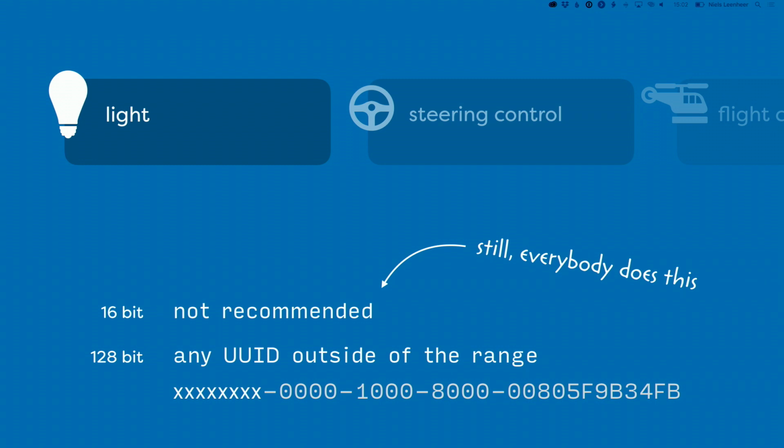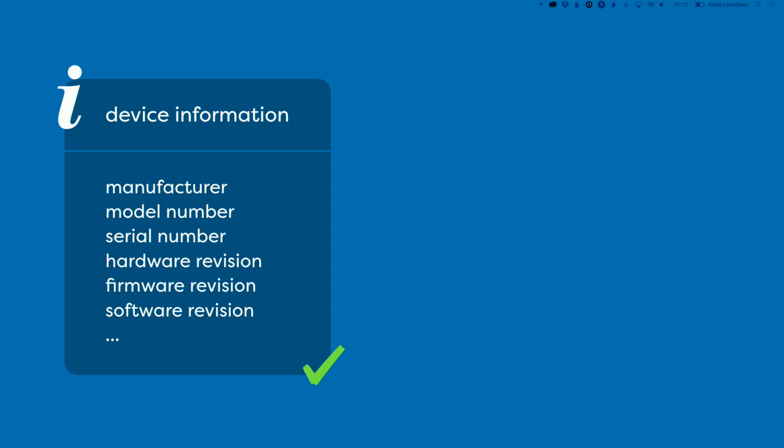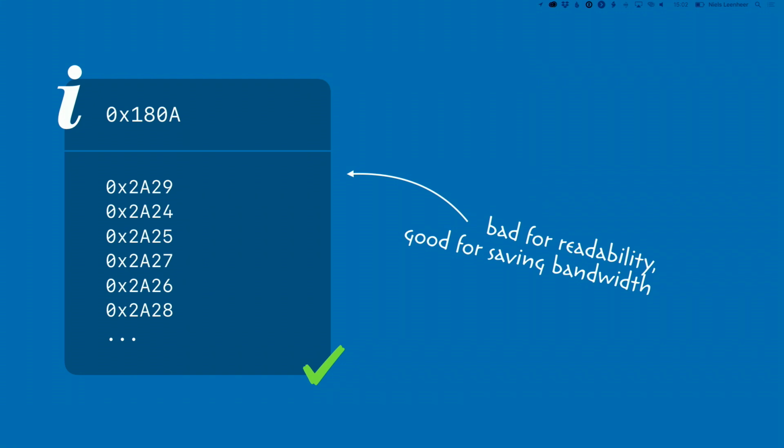And of course, there is a reserved range which you cannot use, and everybody still uses. Why would you follow standards? So it doesn't look like this. It looks like this. And these numbers you just have to know. They are documented in the standards, but if you have a custom characteristic, this is something you have to figure out yourself.